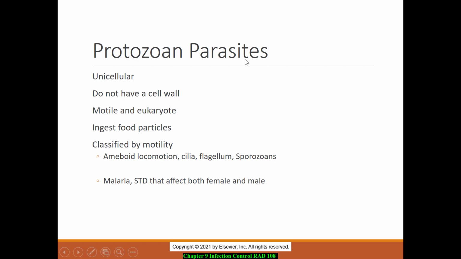Some common diseases that you may see in this classification are sexually transmitted diseases and toxoplasmosis, which is contracted from cat feces and eating undercooked meat.